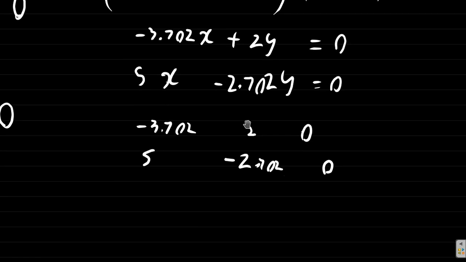So let's just do things like this. We can put it in a little square bracket, draw our line, put the right hand side like this, and line up the zeros.